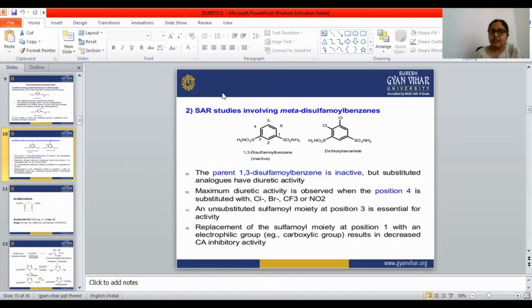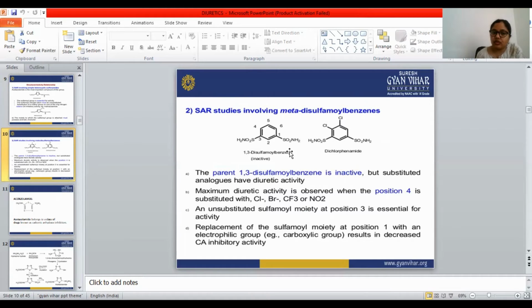Next is the SAR of the meta-disulfonyl benzenes. Carbonic anhydrase inhibitors are categorized in two categories. First we have seen the heterocyclic sulfonamides, and this is the meta-disulfonyl benzene. Some carbonic anhydrase drugs have a sulfamyl group and some have the benzene ring.